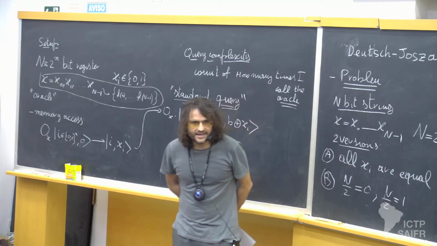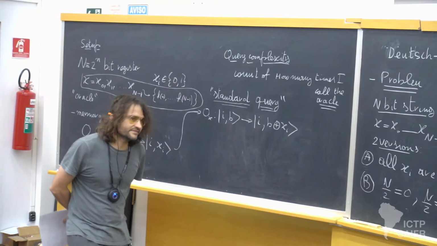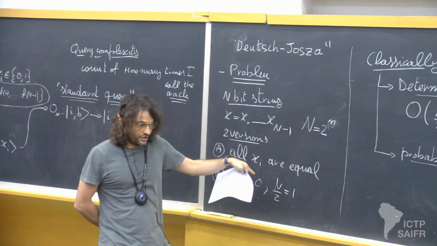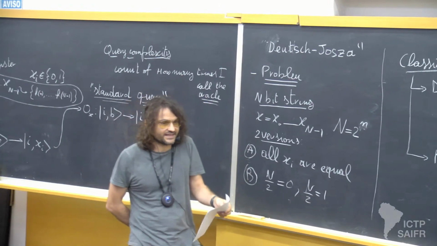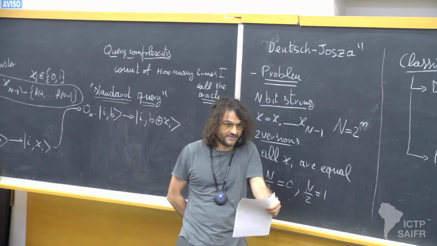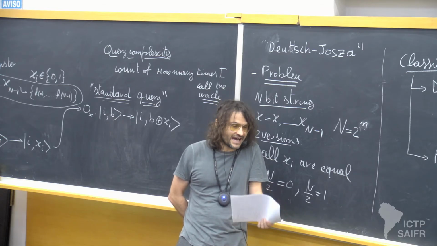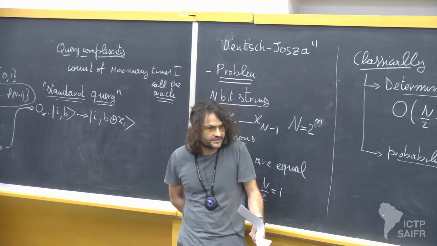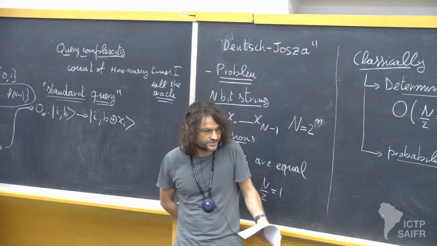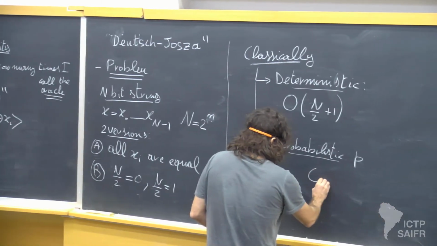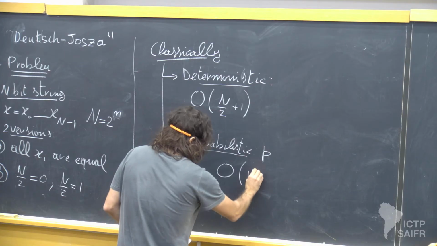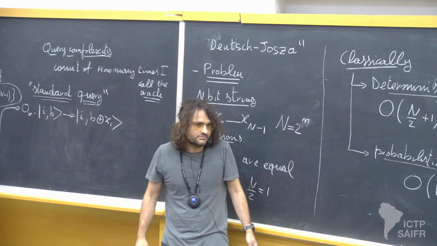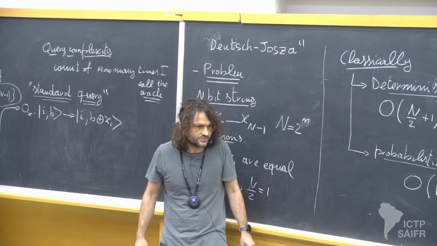No. The reason is that it could be that n divided by 2 are 0 or not. Once I extract, for example, 3 or 4 values and they are all equal, the probability that I'm unlucky is independent of n. So the good point is that my complexity can be of order 1. I can do a finite number of queries.